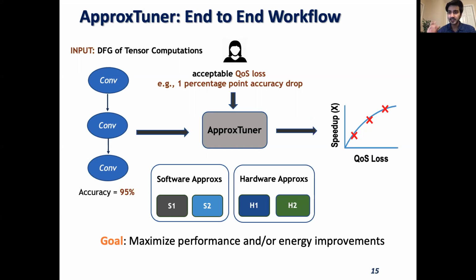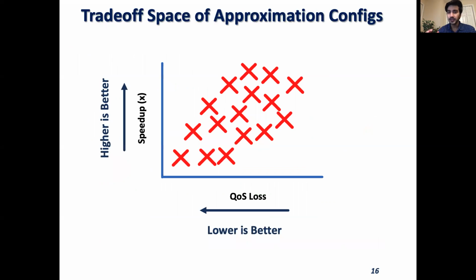Instead of generating a single static mapping of knobs, ApproxTuner creates a trade-off curve of approximation configurations which is shipped with the program. While tuning a target program with approximations, ApproxTuner creates a set of configuration points on a 2D space with QoS loss or accuracy loss on one axis and speed up on the other.